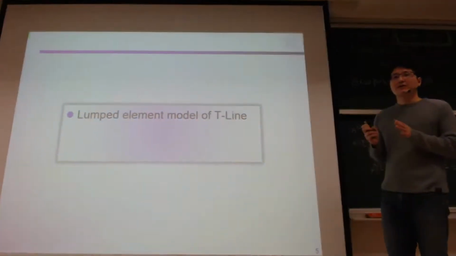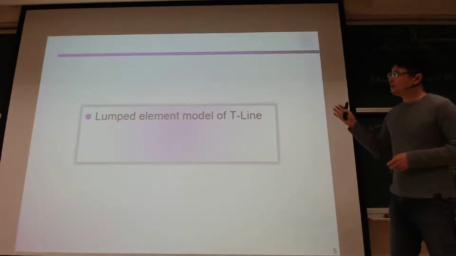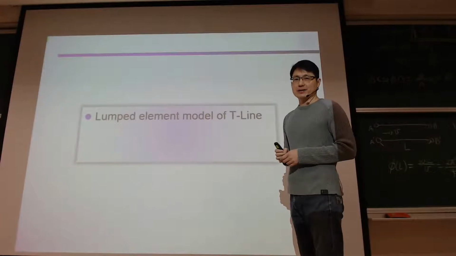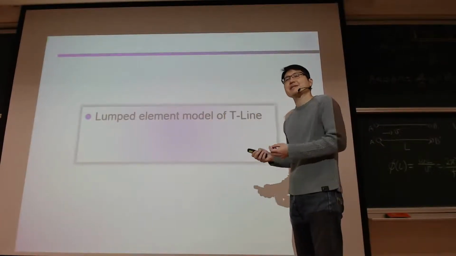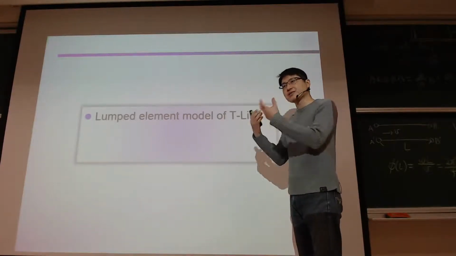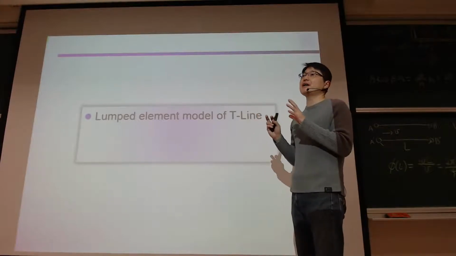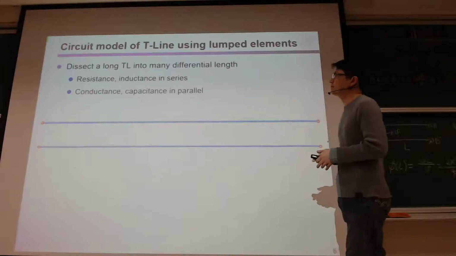So now, the more important step, we need to formulate a proper model so that we can write down some mathematical equations, and then we can solve the equations, and then we can have a complete understanding of the transmission line. Okay?